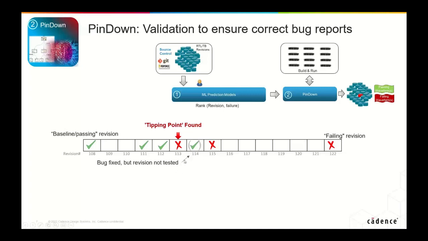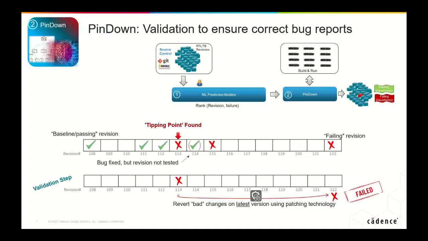In this scenario, the bug in 113 has actually been fixed already in 114, but we don't know about that because we haven't run any test on 114. So Pindown will validate by backing out just 113, but in this case it will fail. Now it knows that its original ML-based bug prediction was incorrect.